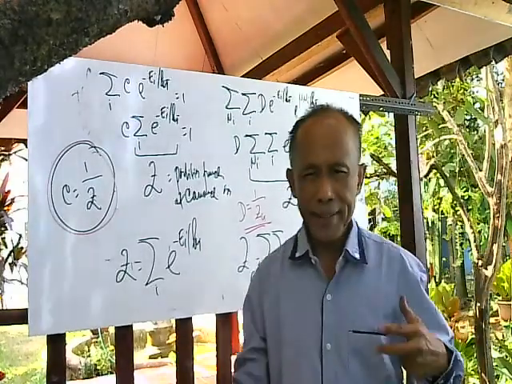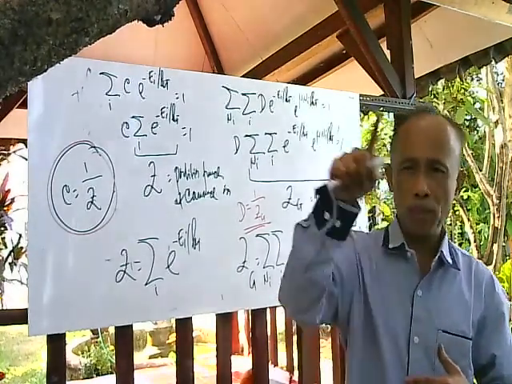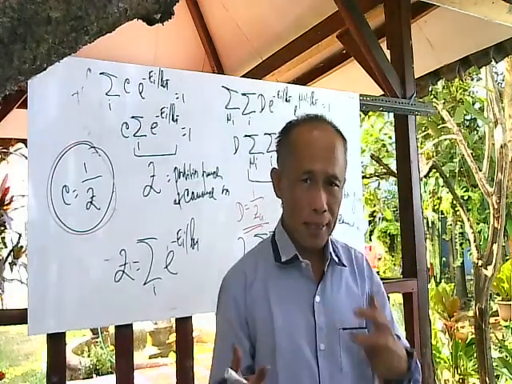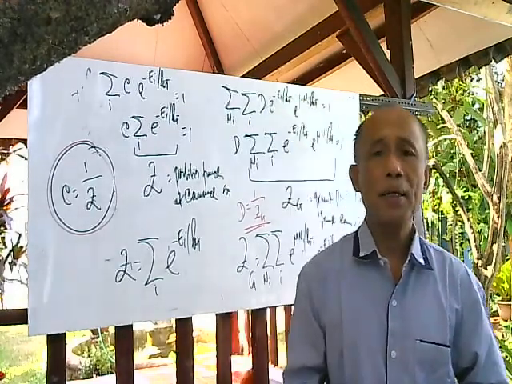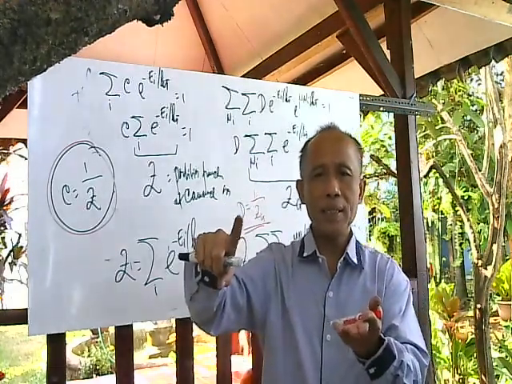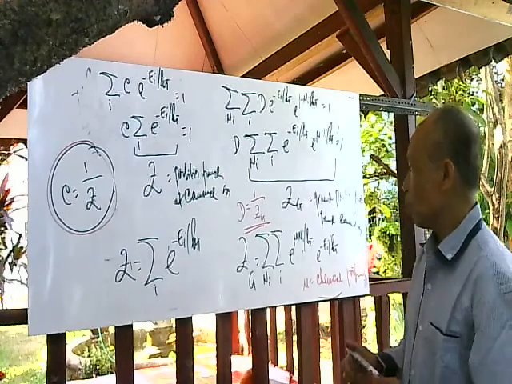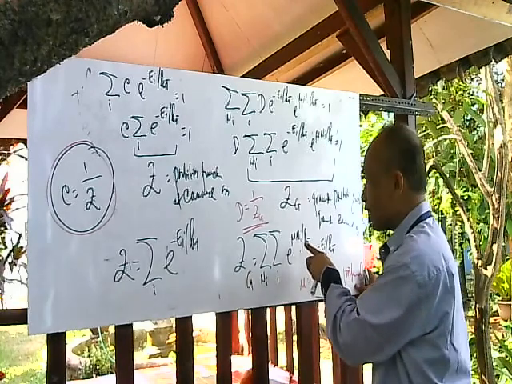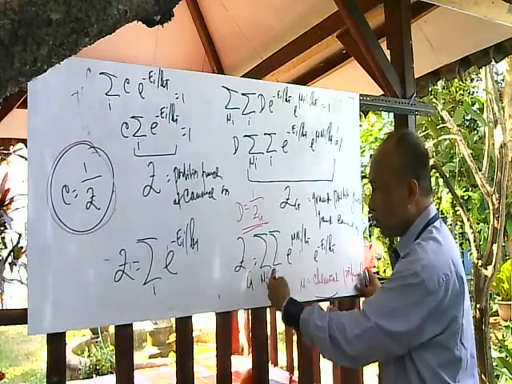So in the case of the canonical assembly, we only do one summation over different energies, because the number of particles is constant. But in the case of a grand canonical assembly, because energy and number of particles are not constant, we have to make a double summation: one over different energies and one over different numbers of particles. So look at here, this is very different. If in this case the number of particles is constant, that means there is only one N here, so we can remove the summation.